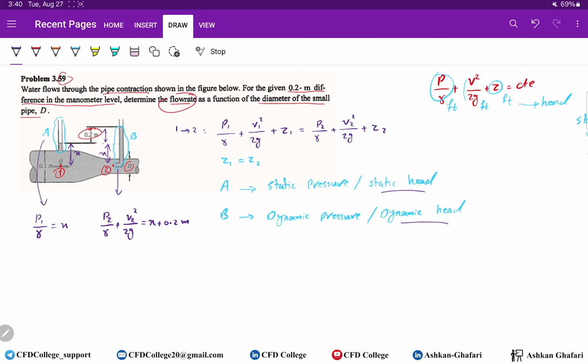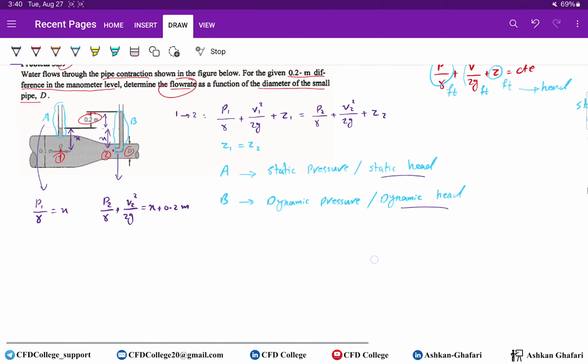That's the difference between dynamic head and static head.